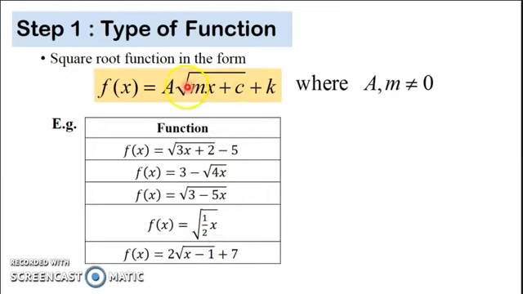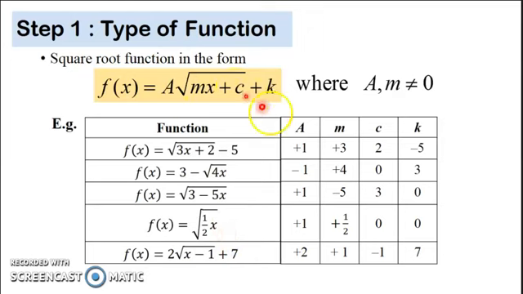And then the square root is multiplied with a constant: the first one is multiplied with positive 1, then negative 1, positive 1, positive 1, positive 2. And then the corresponding constant k will be −5, 3, 0, 0, 7. The summary can be seen from this table, where the corresponding a, m, c, k correspond to the form that we have in the formula.